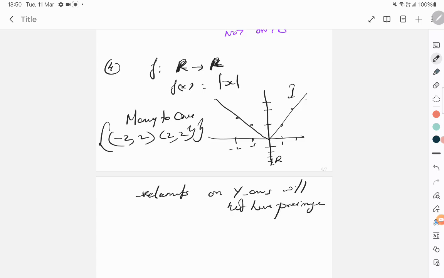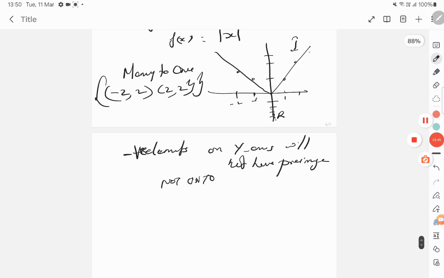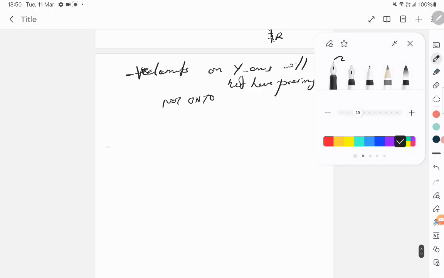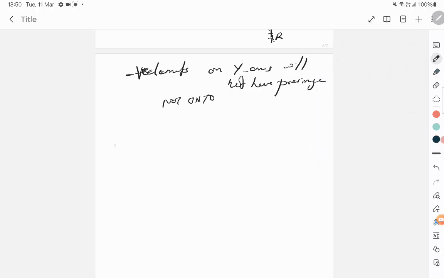Can you see all this does not even have a graph. The negative elements on the y-axis do not even have a graph, do not have a pre-image, so it's not onto. Such an explanation is enough. You don't have to really look at it theoretically, but I just wanted you to understand how it is done theoretically, so that if your teachers are talking about it, you still understand, okay?